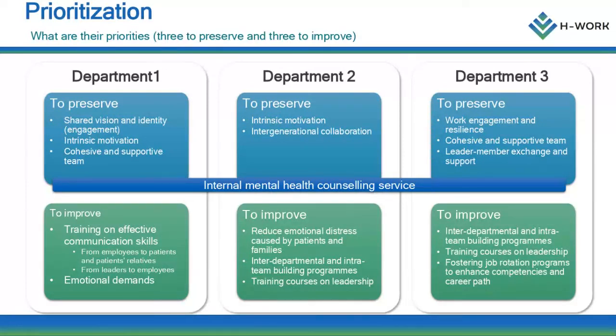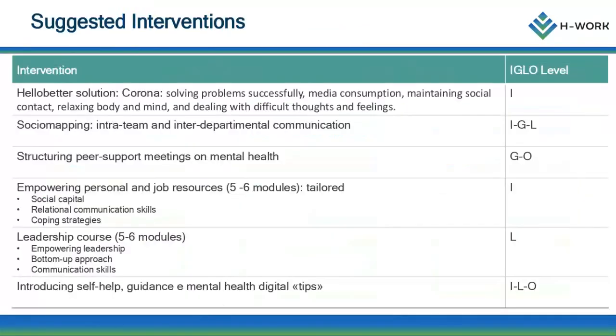In terms of what they wanted to improve was training on effective communication skills, with a particular focus on how staff in the department communicated with patients and patients' relatives to set expectations about what care could be expected, and from leaders to employees, and then also focusing on emotional demands related to the job. So these are the suggestions that came out of the stakeholder meeting last week.